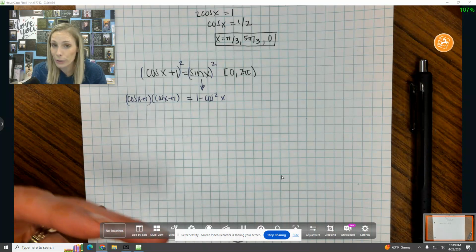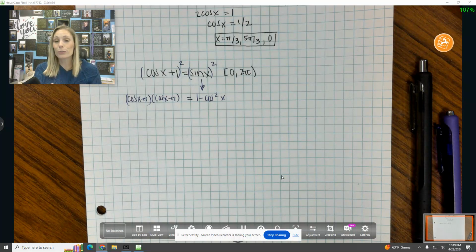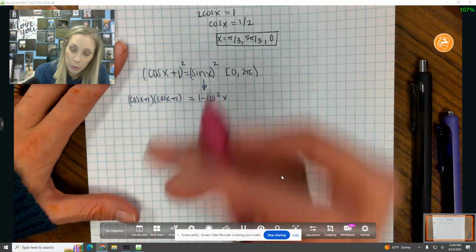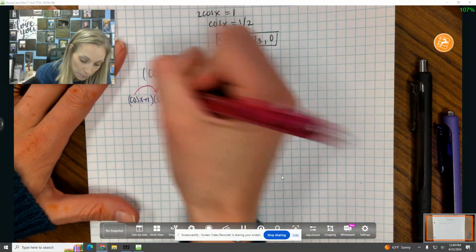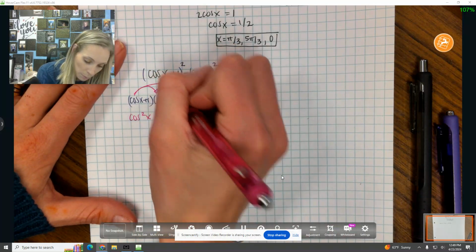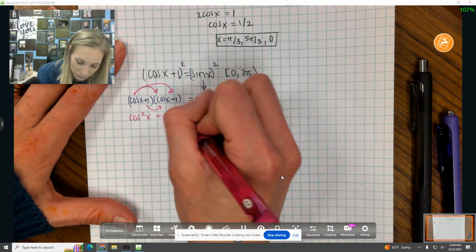Essentially, you're reverse factoring. And so when you factor, you try to find the two things that multiply to the first thing, multiply to the last thing, and add to the middle. So we could reverse factor that way. Or you can simply just go whoop and get cosine squared x, whoop, cosine of x, whoop.